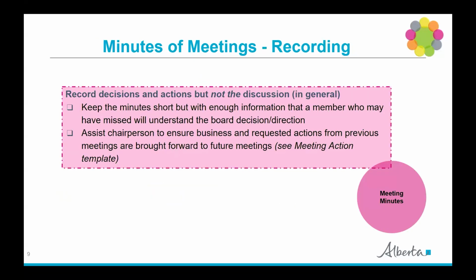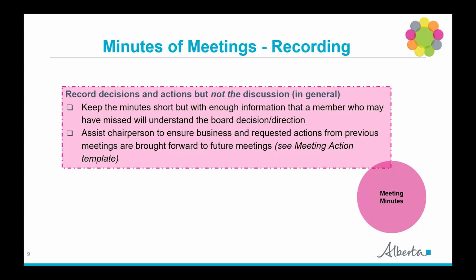Recording the minutes requires a balance between providing enough information about the discussions and decisions while avoiding too much detail. The template we just looked at describes when it's okay to provide highlights and when clear details are needed.